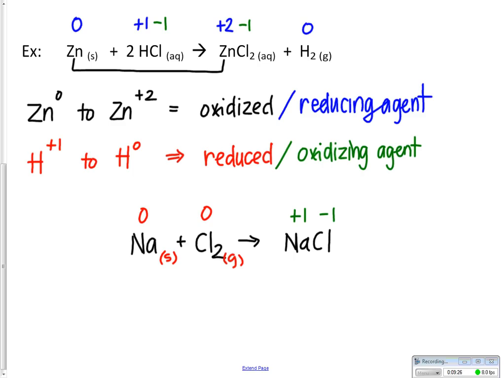Decomposition would be exactly the opposite. So the charges start out different and they finish differently, but decomposition is also always redox. I just showed you a single displacement. Single displacement is also always redox, and so is combustion.